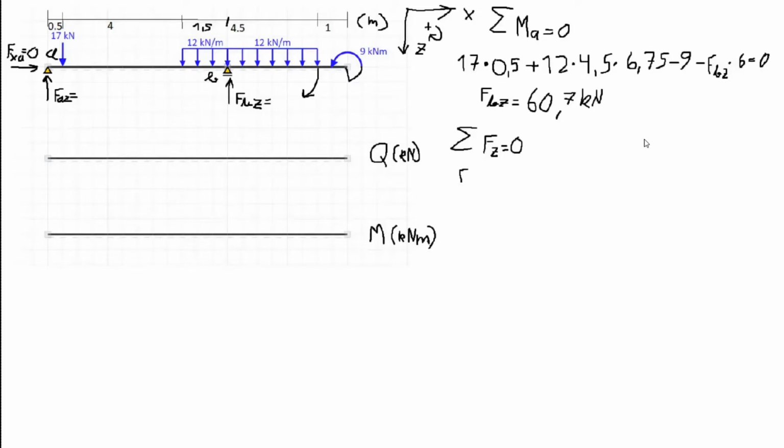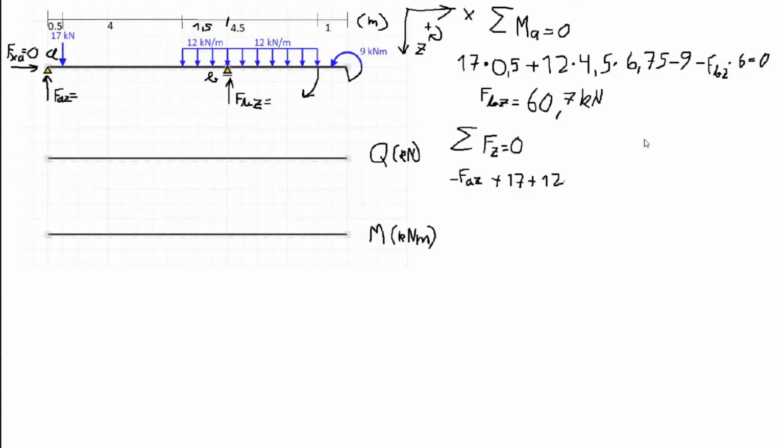Now for the first member we'll have the unknown reaction force Faz, and according to the way we drew our axis, it is a negative force. For the second force we have this 17 kilonewton force, which is a positive force.